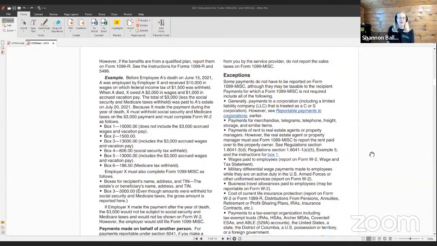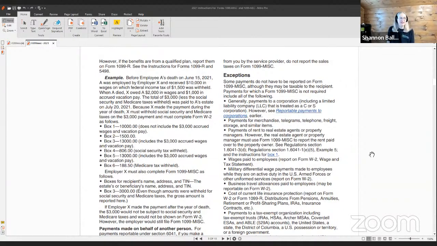The total of $3,000 less the Social Security and Medicare taxes withheld was paid to A's estate on July 20th, 2021. Because X made the payment during the year of death, X must withhold Social Security and Medicare taxes on the $3,000 payment and must complete Form W-2 as follows.